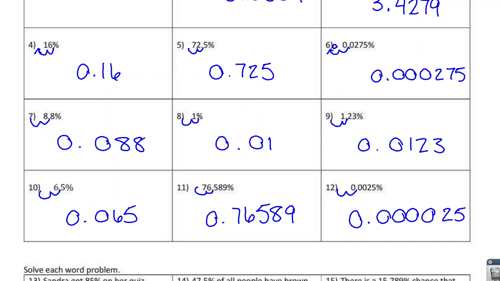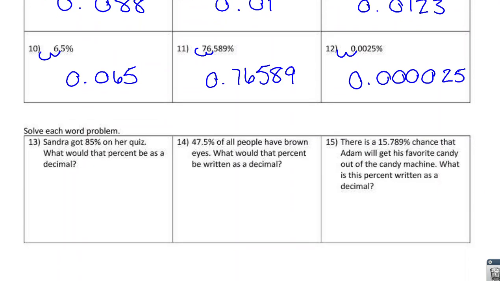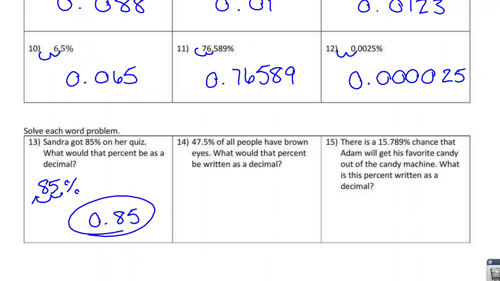All right, let's look at the word problems down at the bottom. So Sandra got 85% on her quiz. What would the percent be as a decimal? So I have 85%. Find where the decimal point goes. Move it 2, and I get 0.85 as my answer. Pause and do 14 and 15 on your own.